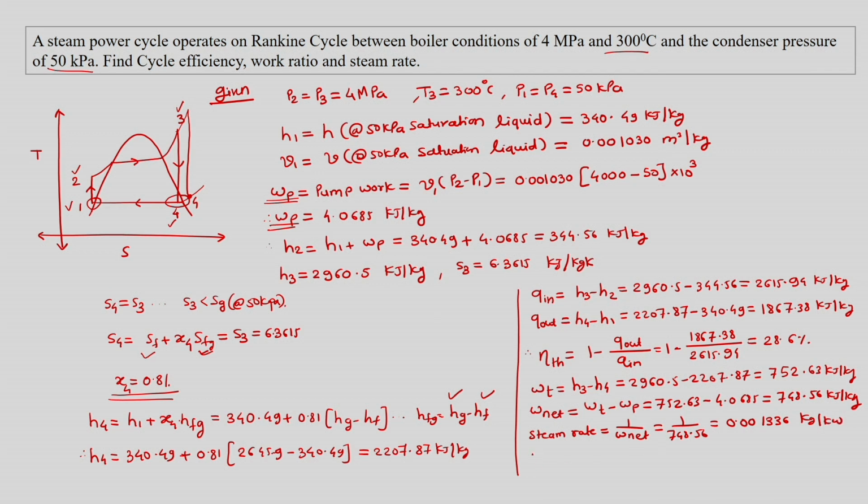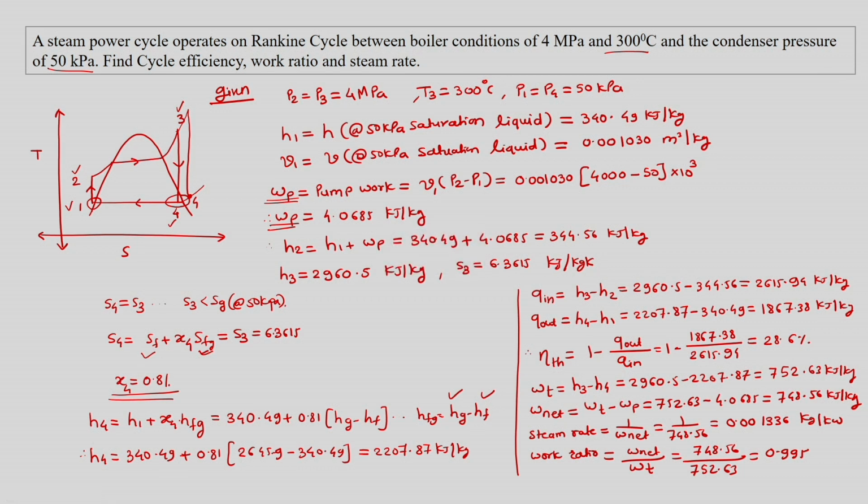Then we can find out the work ratio, which is W net upon Wt. W net is 748.56 and Wt, which is turbine work, is 752.63. So we get it as 0.995. So this is how we can solve the example.